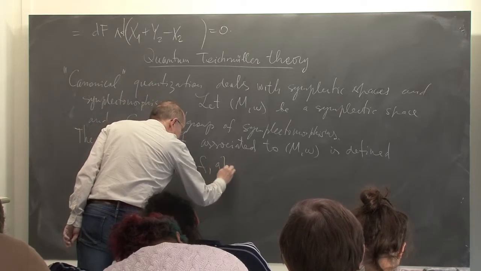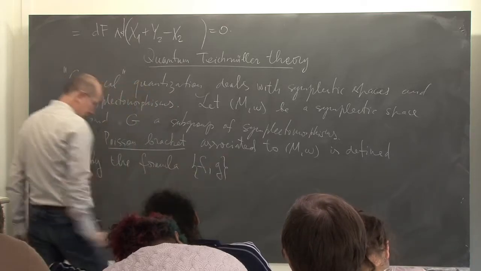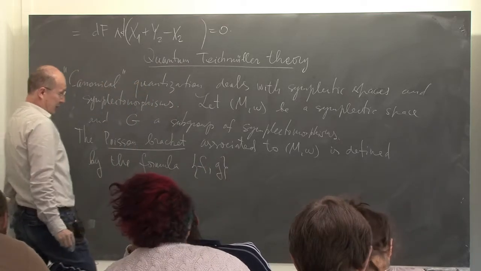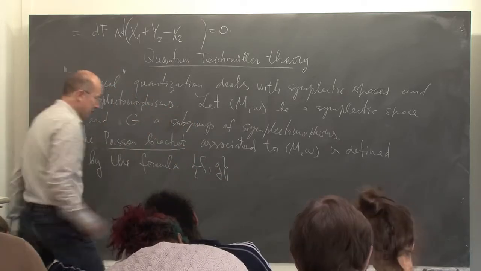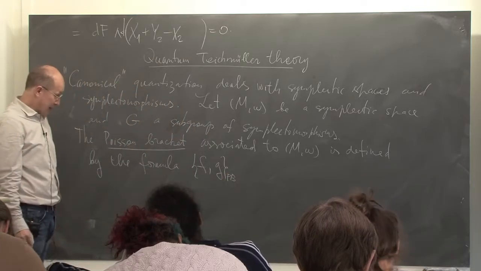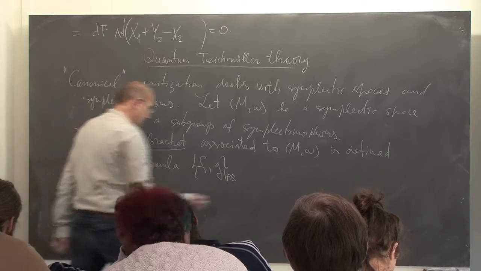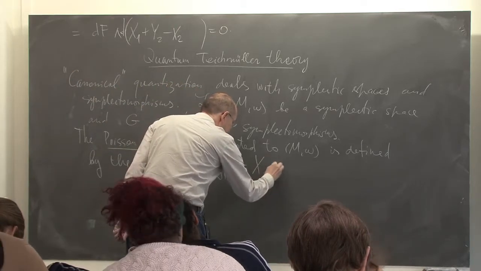So we have two functions, f and g, and we put them into curly brackets. To distinguish from the set of two elements f, g, I put PB as an index, to indicate that this is a Poisson bracket. And it is given by X_f acting on g.